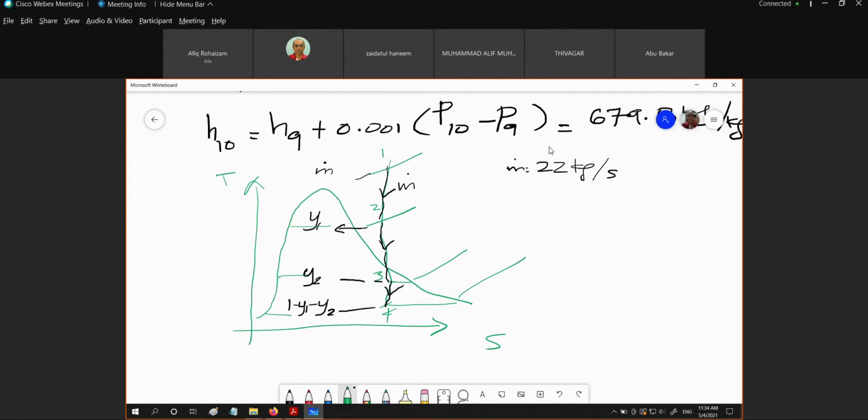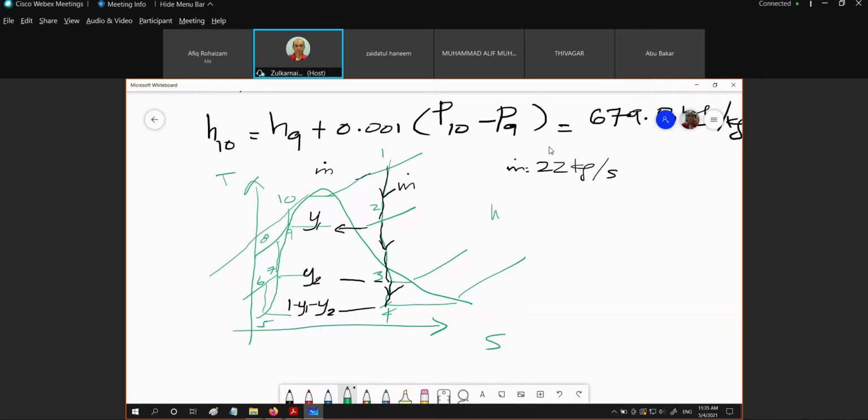Okay? And this is our boiler. Pressure involved. Four, this is 5, 6, 7, 8, 9, and 10. So what is our W net?